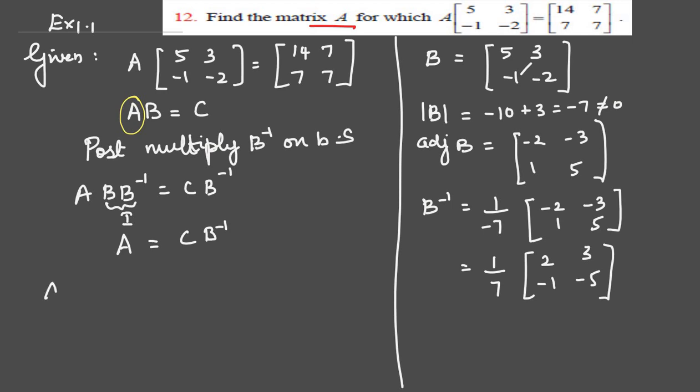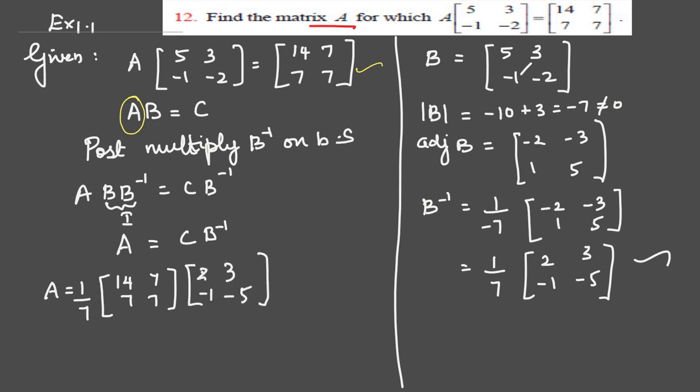So now we are going to find the A matrix. A is equal to the C matrix, which we have taken, on the right side. So A is equal to C, which is 14, 7, 7, 7, into the B inverse matrix, which is 1 by 7 times the matrix 2, 3, minus 1, minus 5.